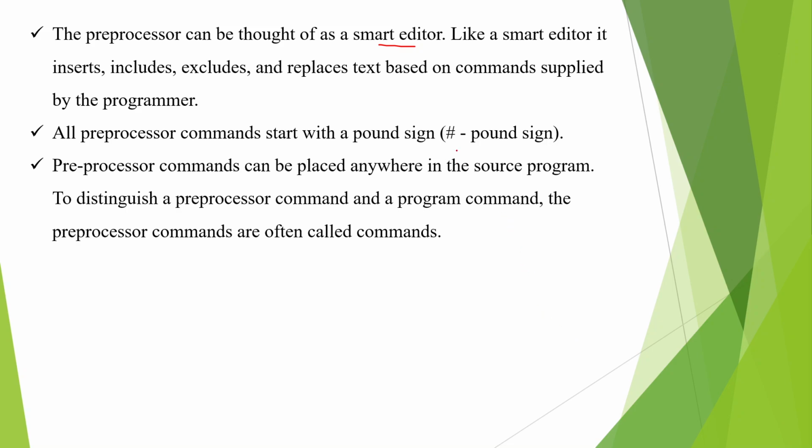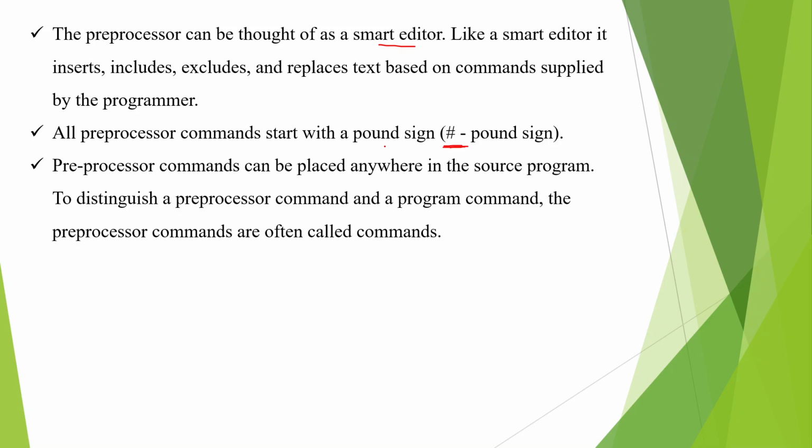Here you can see this particular symbol, the pound sign or hash sign. With this symbol only we start the preprocessor commands. Where can we place these preprocessor commands? The definition of these preprocessing commands must go in the preprocessing section only.